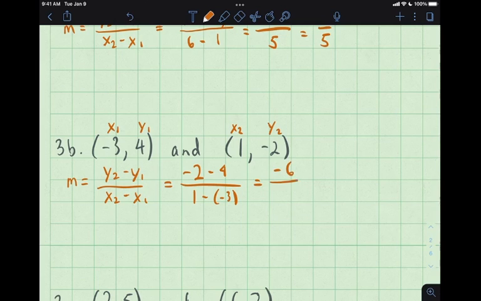Negative 6 over, write this step out, it's like adding a positive. So we have plus 3, negative 6 over 4, negative 3 over 2 is my slope.